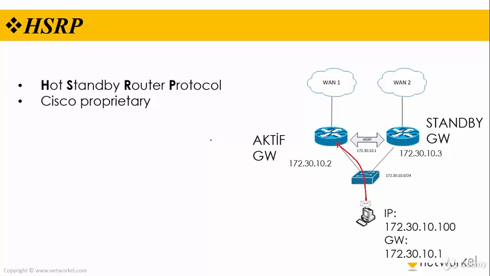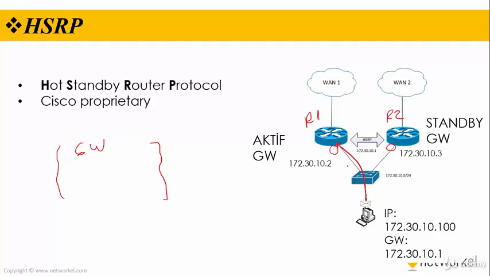Virtual IP and MAC addresses are shared between the two routers, and there is no load balancing, and it is verified by the show standby command. As you can see in our figure, we have two routers, router 1 and router 2.